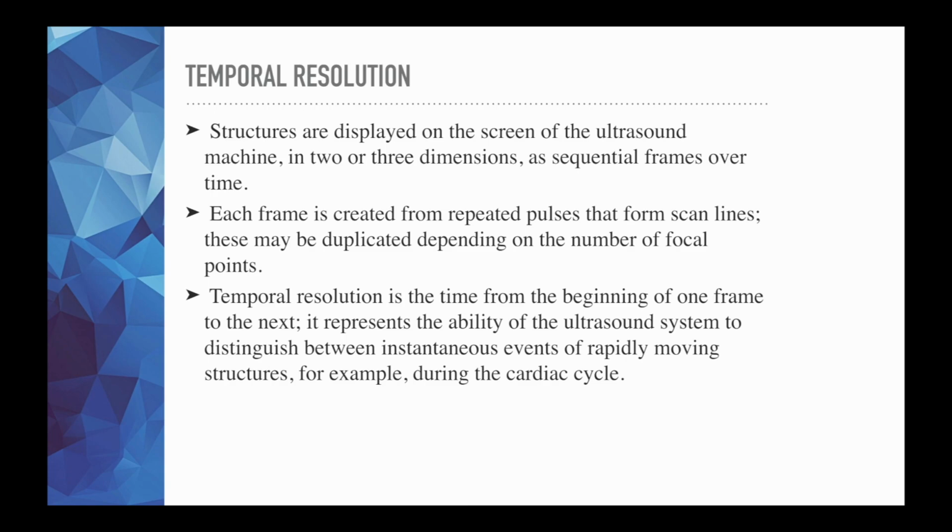If it takes a 30th of a second to make one frame, then it can play 30 frames per second. But if we ask it to do more, increase the depth, add focal zones, maybe it'll take 3/30ths of a second, so it can only produce 10 frames every second. That will decrease our frame rate and decrease our temporal resolution.